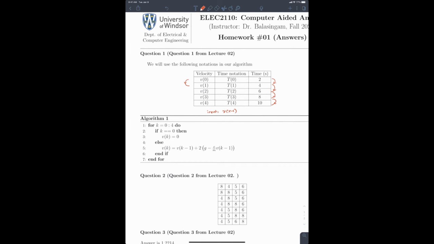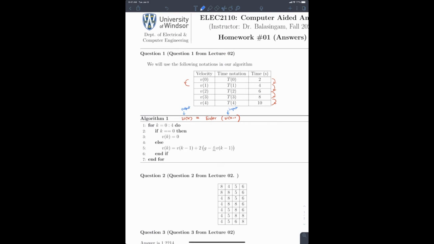That's one step. I will write the input and output form like this. Vk is, I will call it Euler's, EULER, of vk minus 1. This is the pattern I use later in the lecture notes, so I thought I would follow it. vk minus 1 is the input to the algorithm, and this is the output.